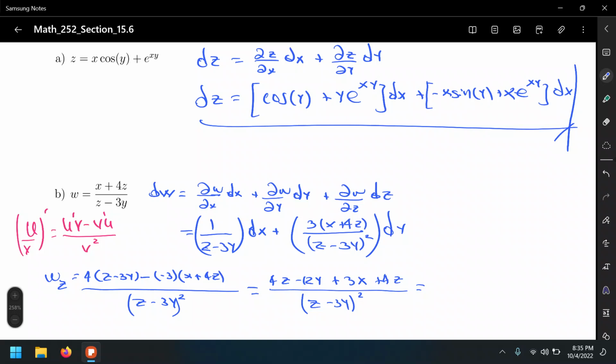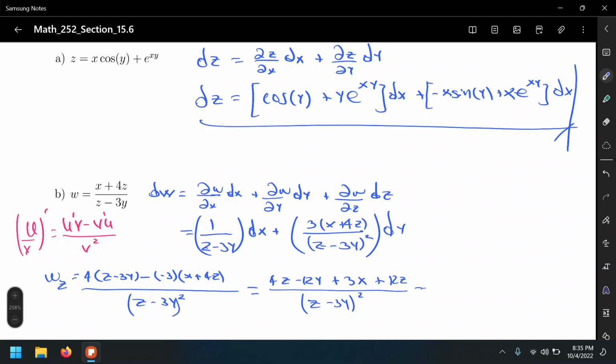Times the x and the 3. That's negative times a negative, which is positive, so that's 3x, and then the 3 and the 4z make 12z. Oh yes, this one's supposed to be 12z, right? And well, cancel. Oh no, nothing cancels actually.